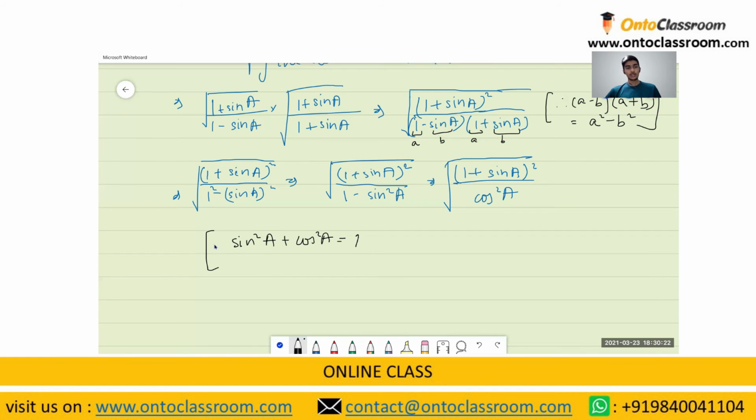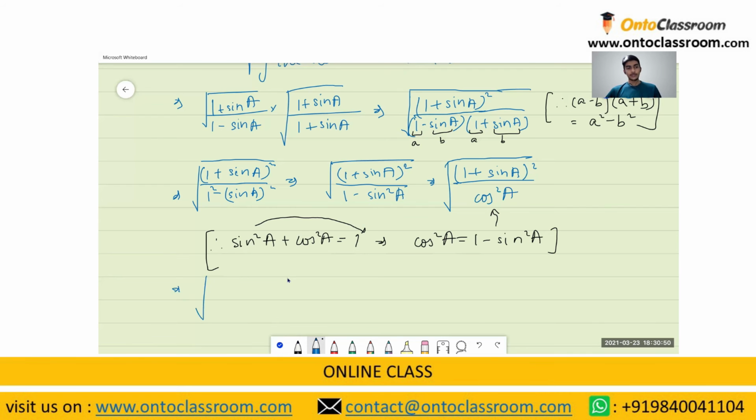Now when we take sin square A to the other side of the equal to sign, we get cos square A is equal to 1 minus sin square A. So we will simply replace 1 minus sin square A with cos square A in the above equation.